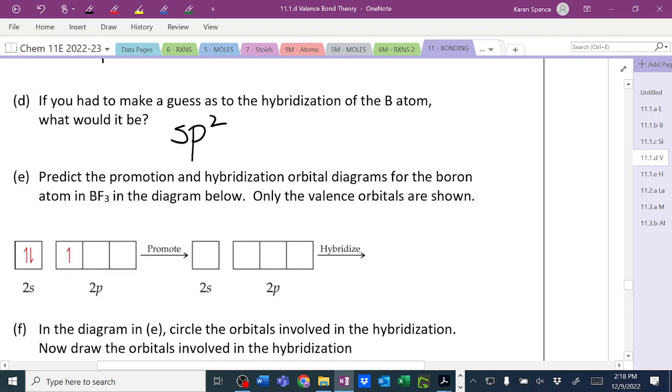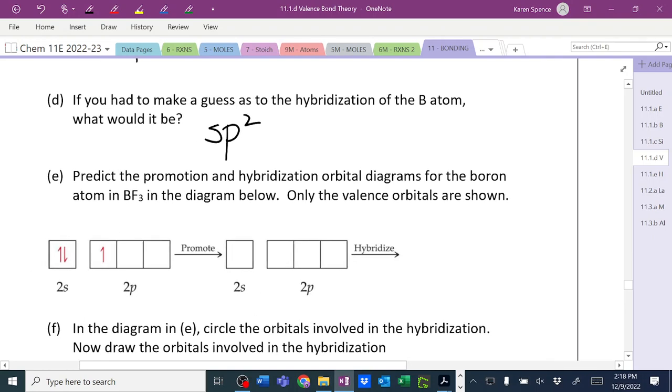So who will get promoted here? The 2s electron will get promoted. So we still have our original one and our other one, and now we have the promoted one.